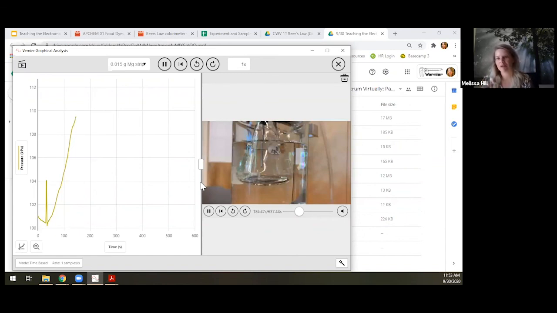You can go to a moment in a titration and actually see what the color of the solution is as I tap along. Or with Crystal Violet, I can tap along. So this one's not very interesting, but I can click anywhere in here and it'll go to that point in the video. So that's pretty cool too.